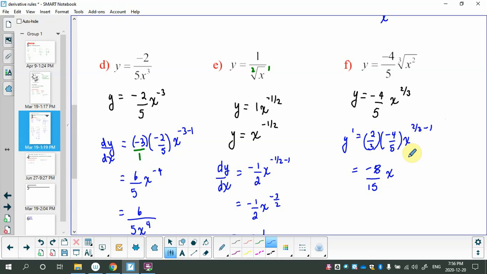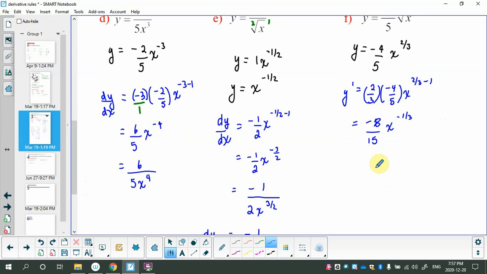2/3 minus 3/3 is -1/3. If this fraction can be reduced, which in this case it can't be, but if it can be reduced, your job is to reduce it. I have a negative exponent on that x, so I'm going to place it downstairs as a positive exponent and then turn it back into a radical, a root.